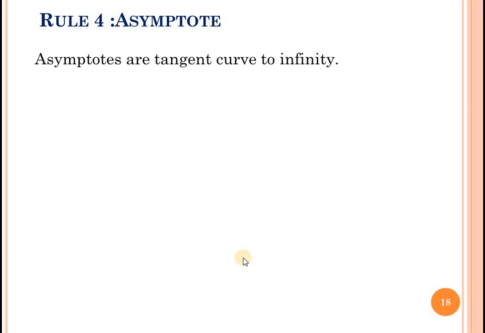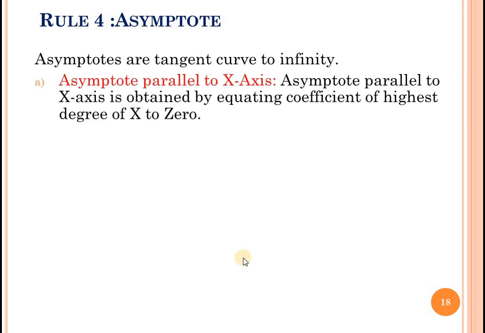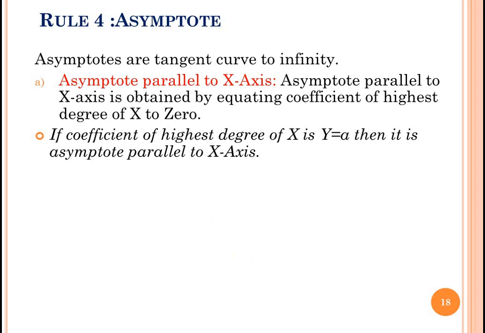Now the next point we see is asymptote. Asymptotes are tangents to the curve at infinity. First, the asymptote parallel to the x-axis. How do we calculate it? It is obtained by equating the coefficient of the highest degree of x to 0.